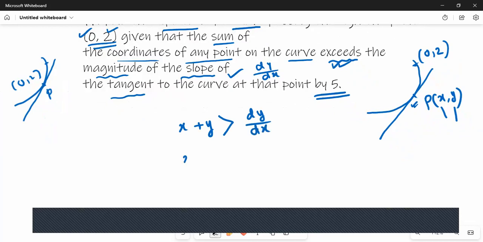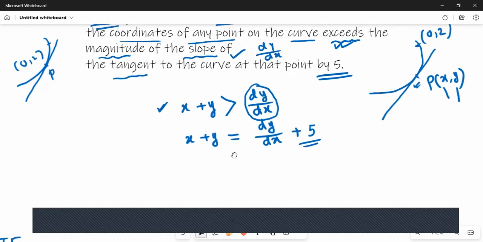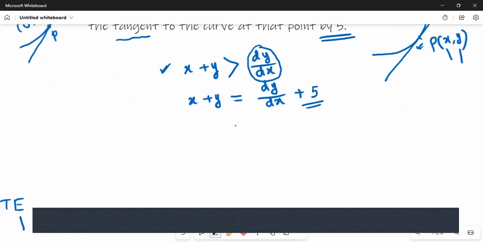And then how much it exceeds by: 5. That means if it is equal, then you have to add 5 on the right. So this x plus y is greater than dy dx by 5. Then only it will be equal. So we got this differential equation.